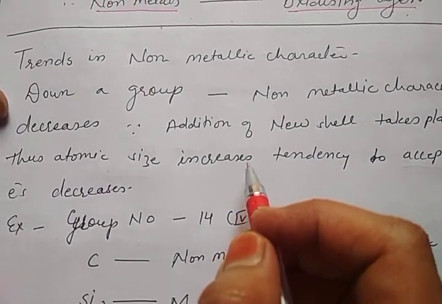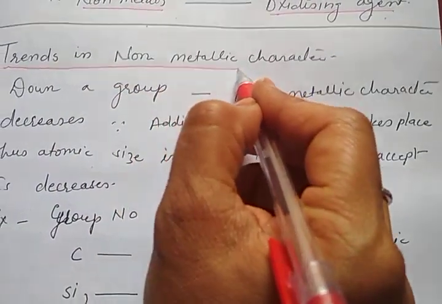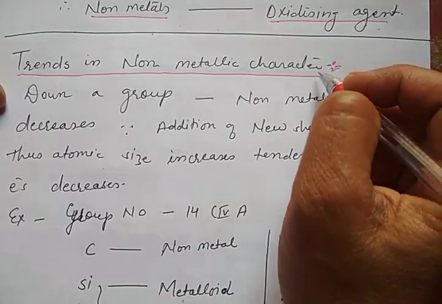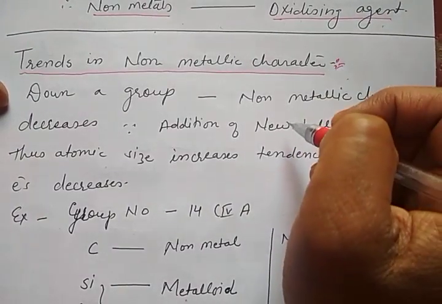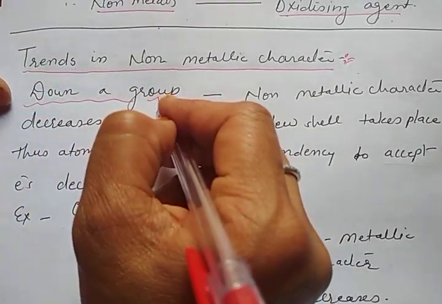Now, trends in the non-metallic character. Trends mean their variation in the periodic table, how they change in a group or in a period. First we will consider down a group.